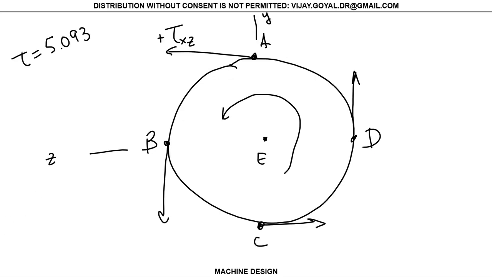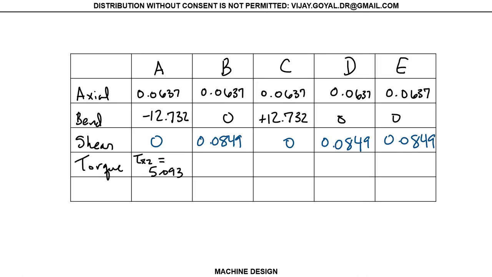If I go to this point, it's acting in the x plane, but it's acting now in the y direction, and it has a minus sign. You can see it, right? Because y is positive upwards, this is negative. So now we go here, and we have to say tau xy. This is minus 5.093.